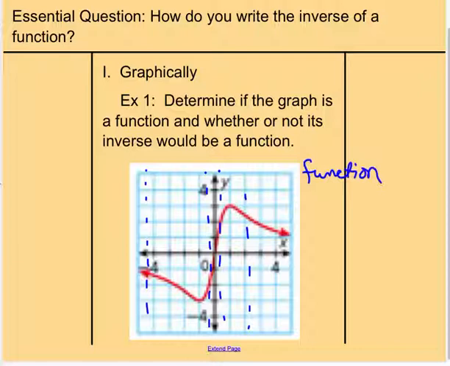All right, to check for its inverse being a function, we use the horizontal line test. So if I'm looking along here, it touches the graph once, but if I move it up a little bit, here and here, it touches the graph more than once. A single horizontal line touches the graph more than once. So it does have an inverse, but the inverse is not a function.